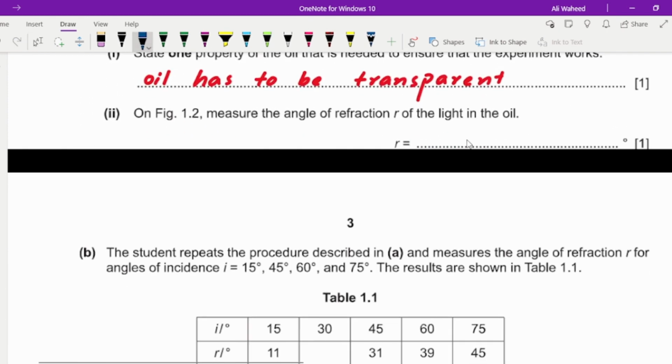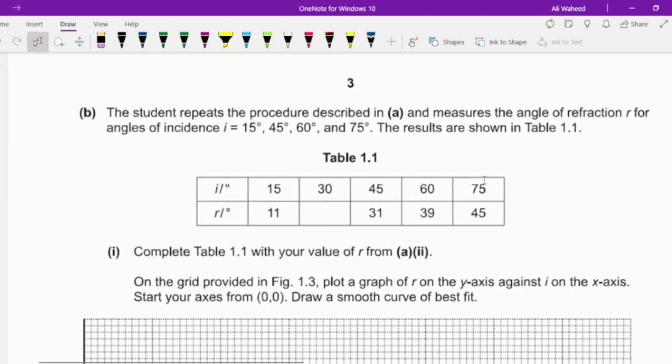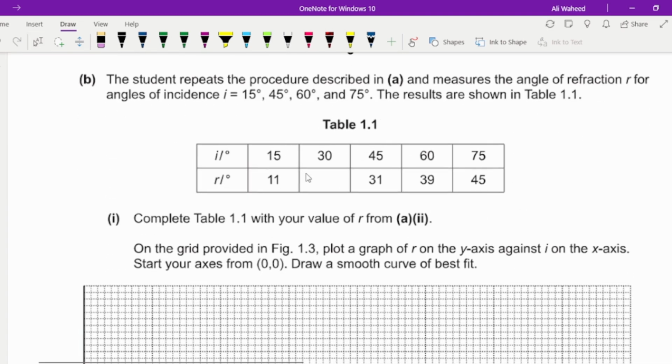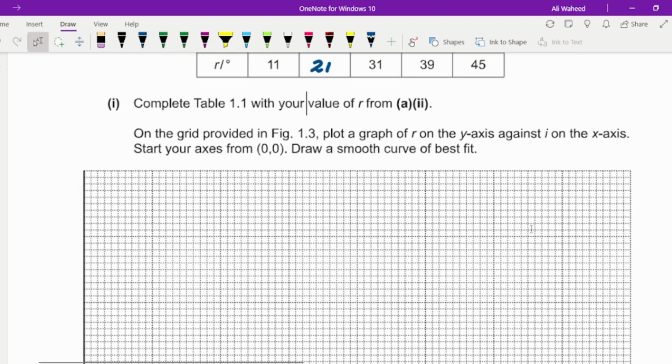So the angle of refraction is 21 degrees. The unit is already there, you don't need to write it. So when the angle of incidence was 30, the angle of refraction was 21. We can fill in the table.